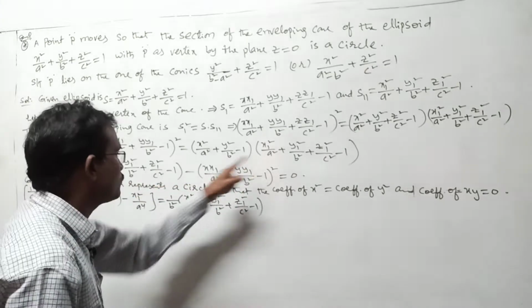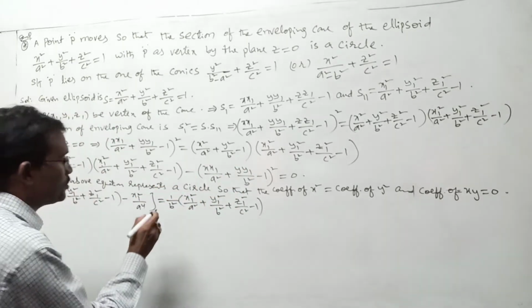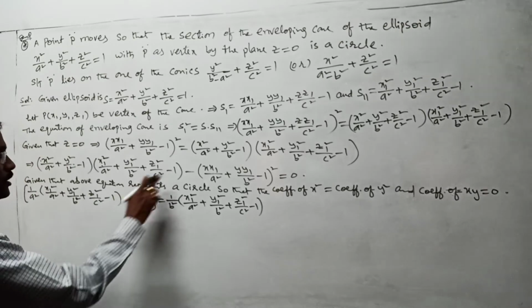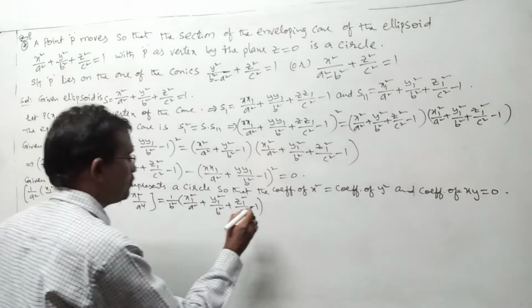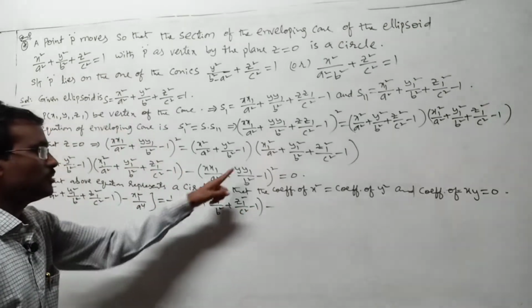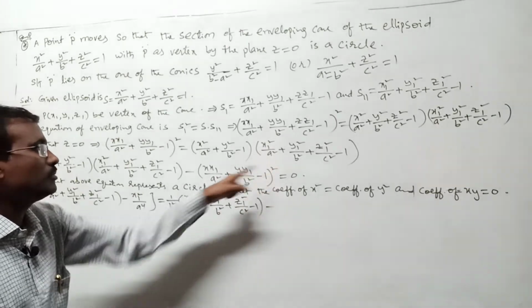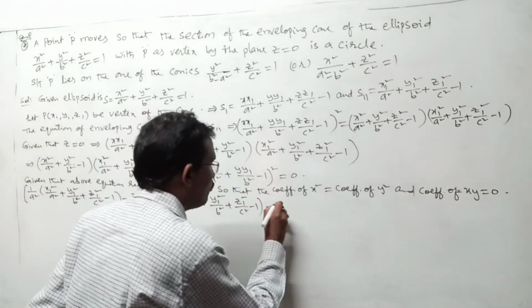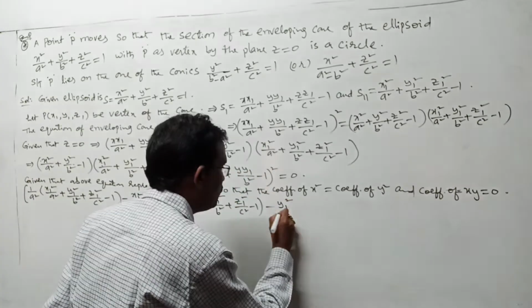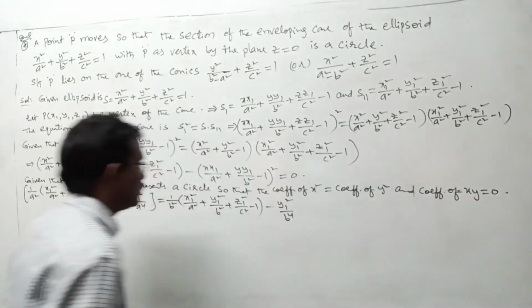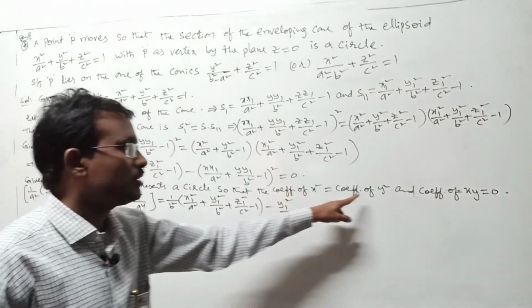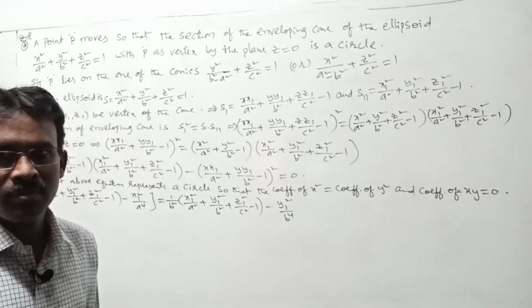Here it is the b square term, and it is minus. This term gives minus y1 square by b power 4. So the coefficient of x square is equal to the coefficient of y square.